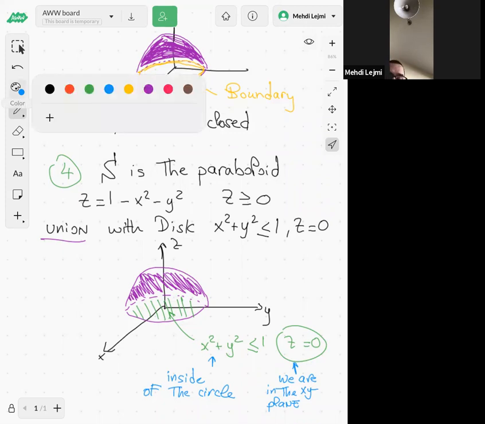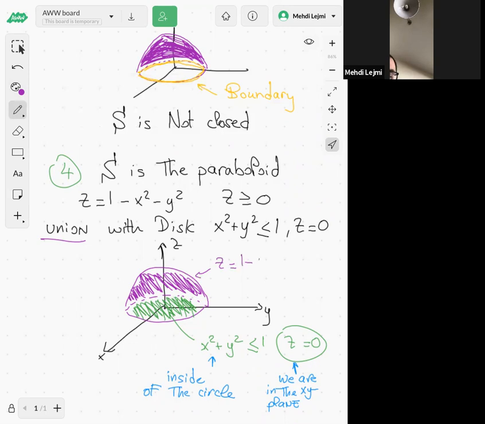So in this case, if you take the union of the paraboloid plus the green disk, this one here, then your surface S is going to be closed. And so this is the top here, this is your z equals 1 minus x squared minus y squared, z positive or 0.